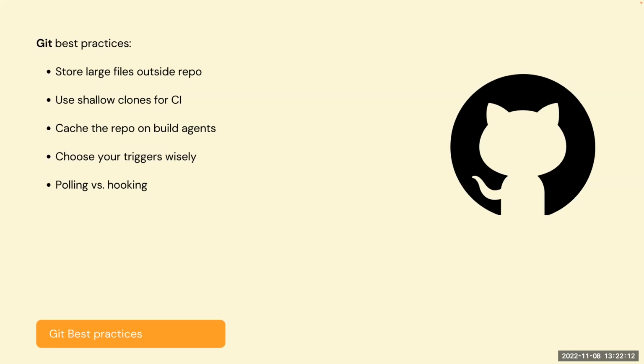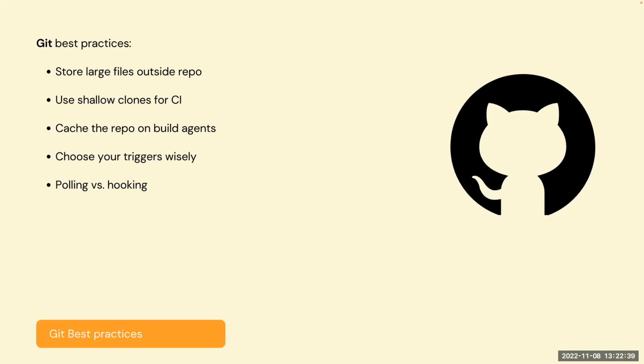It's also recommended to use caching in the build agents, and choose your triggers wisely, which means you have to be smarter about it. Every time you have a commit in your branch, should you create a new image and so forth? You shouldn't do that.